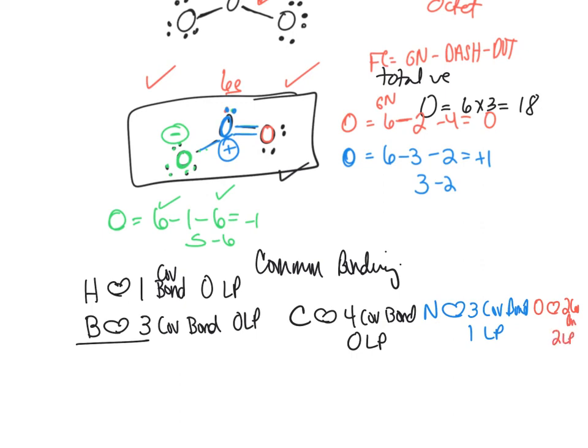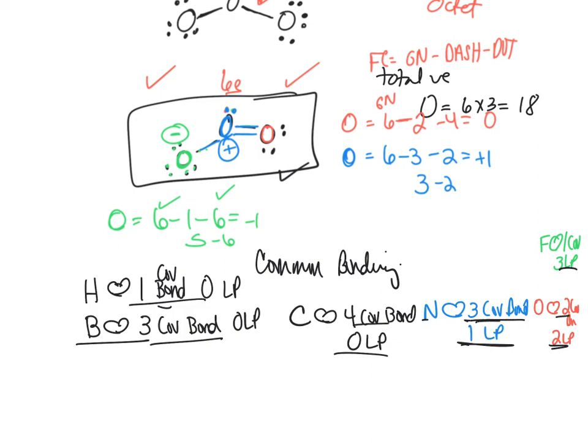And then you get into fluorine. Fluorine loves 1 covalent bond and 3 lone pairs. So maybe you can see the trend in your periodic table. You get into lone pairs with nitrogen, oxygen, and fluorine, and they start decreasing the covalent bonds.